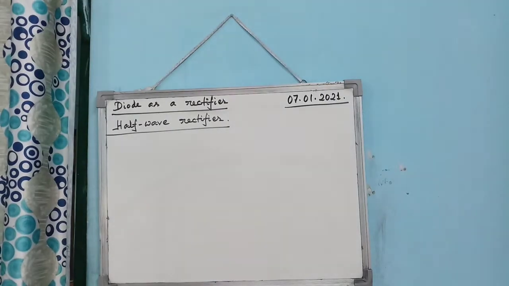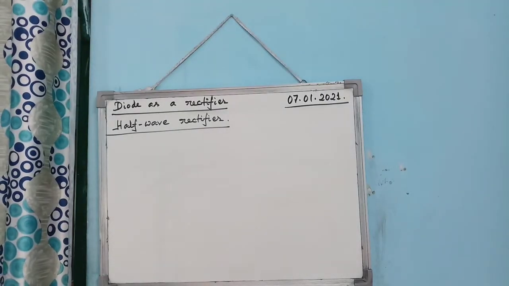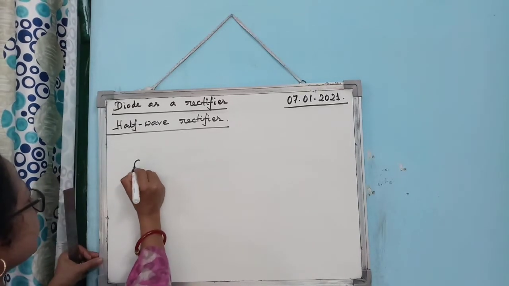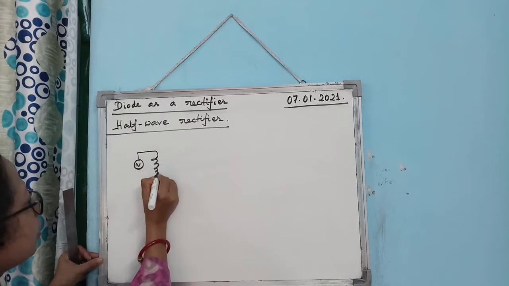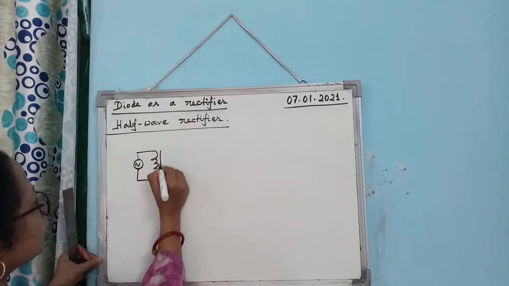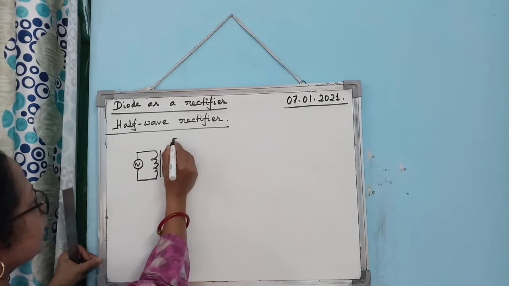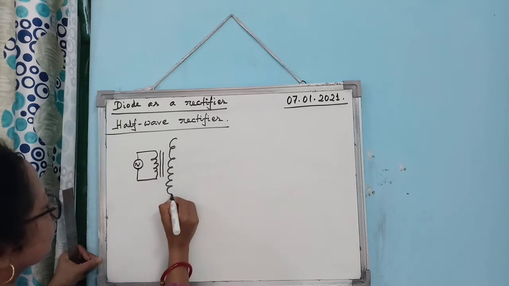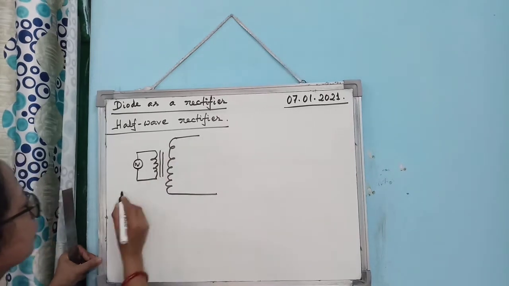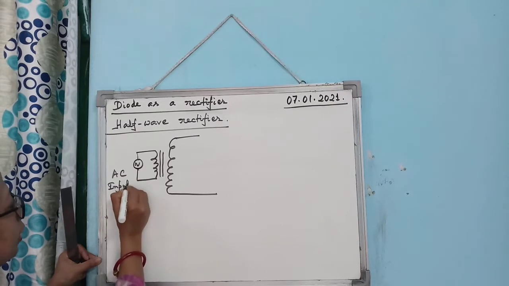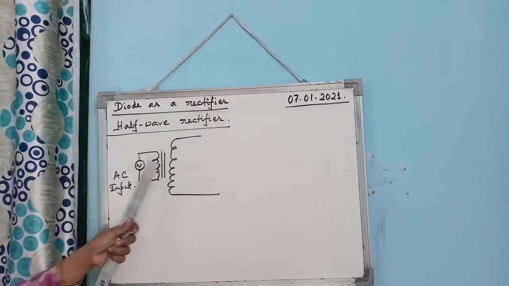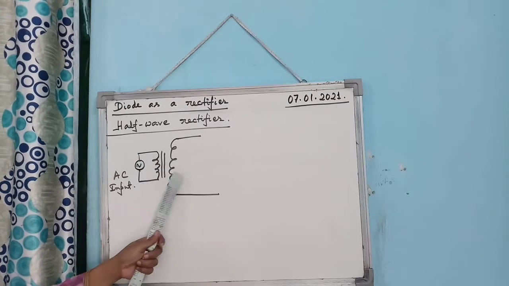So, what is the circuit for a half wave rectifier? First of all, we need the AC input. So, this is the AC input. This is the way we draw. Actually, it is nothing but a transformer coil.